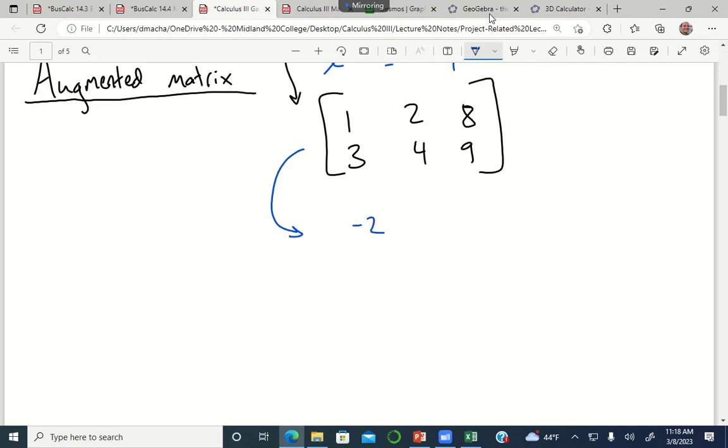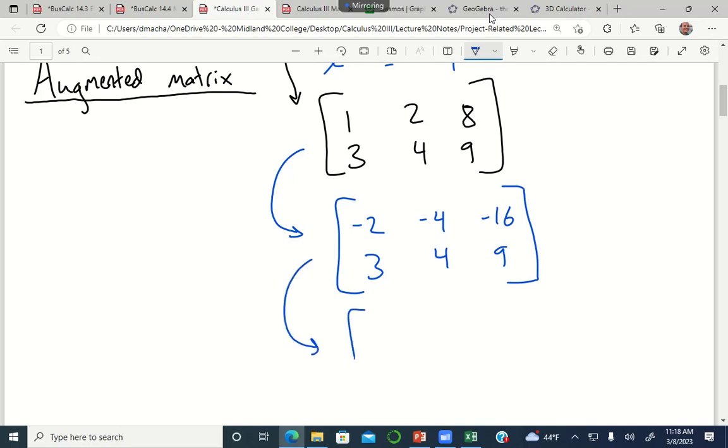So if I take the first row and multiply it by -2, then this is my new augmented matrix. I can still say, let me add the first row to the second row. And if I take the second row plus the first row, then I would get something like this.